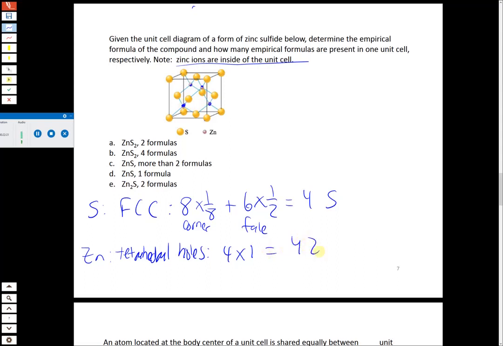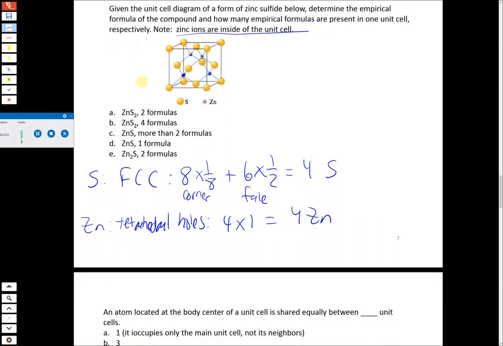And so that means we also have 4 zincs. So the formula of our unit cell is Zn4S4, which means that the empirical formula is just ZnS. So we can get rid of A, B, and E. And then it looks like 4 empirical formulas per unit cell, because the total formula of the unit cell is Zn4S4. The empirical formula is ZnS, so the formula of the unit cell is 4 times that.